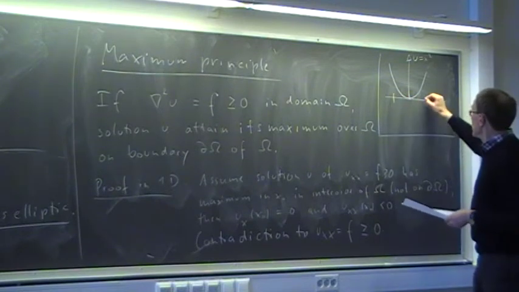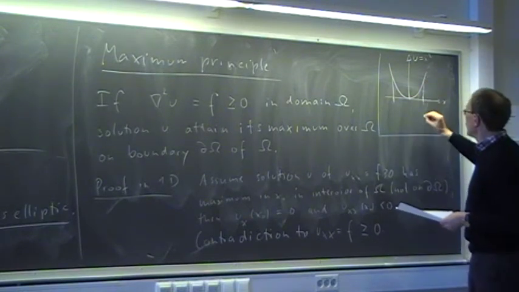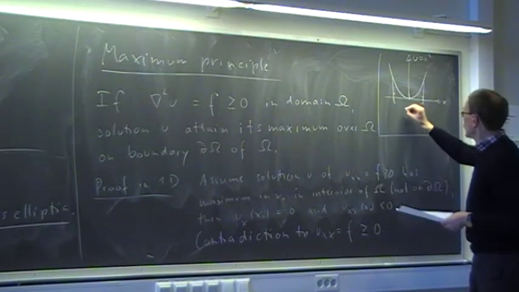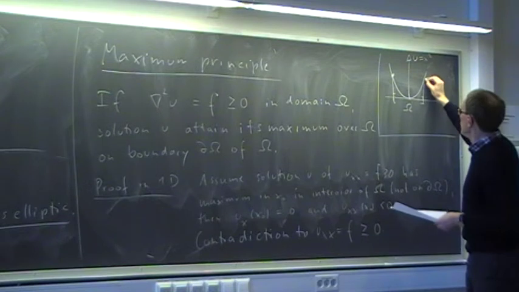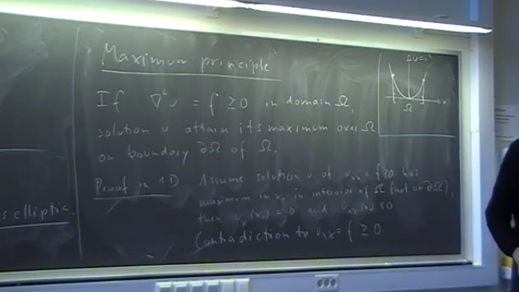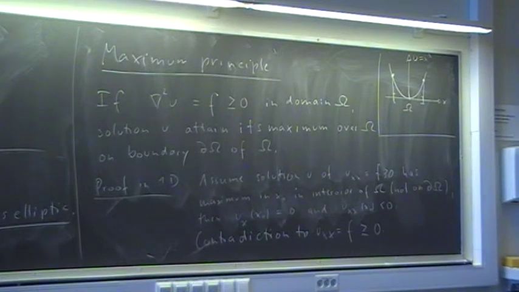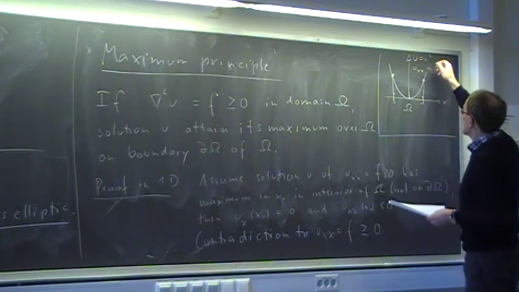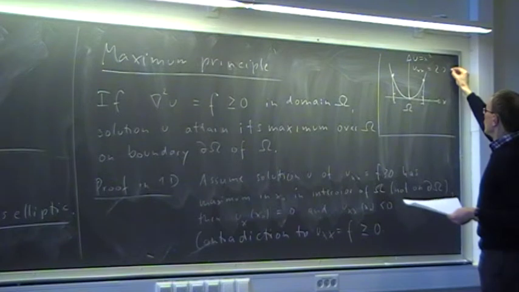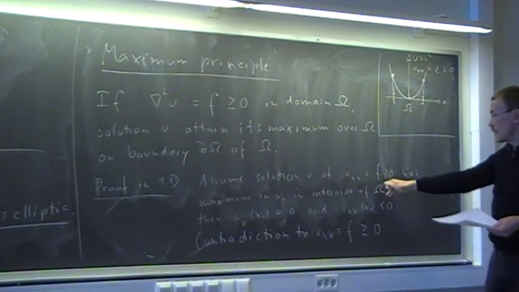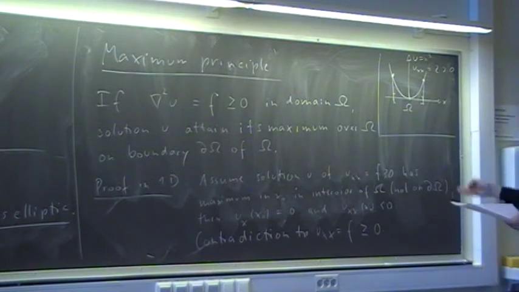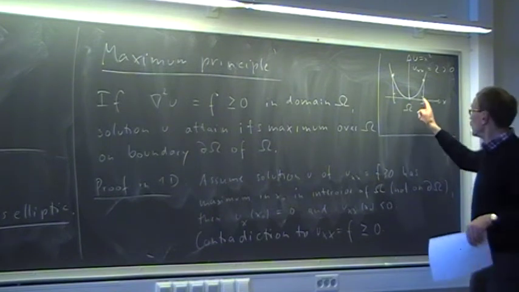If we have some interval here where this would be our domain omega, then d omega would be these points. So the maximum is attained on the boundary, not in the interior. That is an example just for 1D. Here u_xx is 2, which is greater than 0, so it falls under this situation. Then the maximum is attained not in the interior, but on the boundary, here and here.